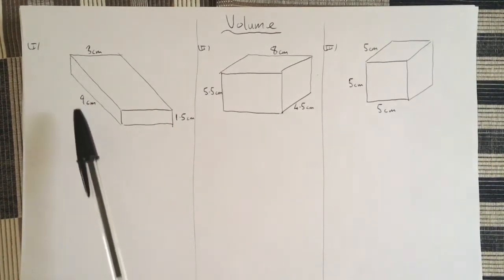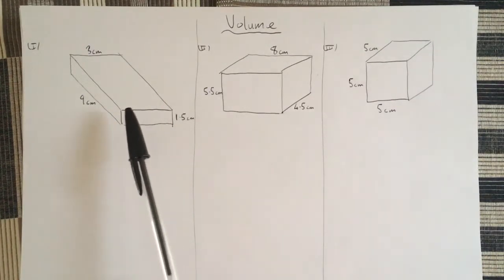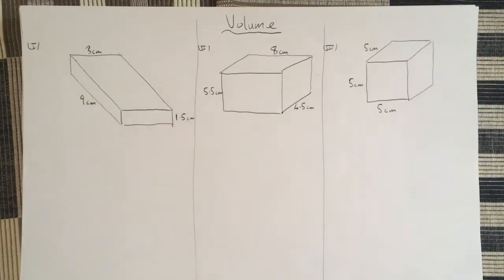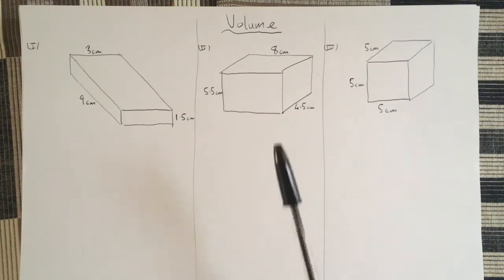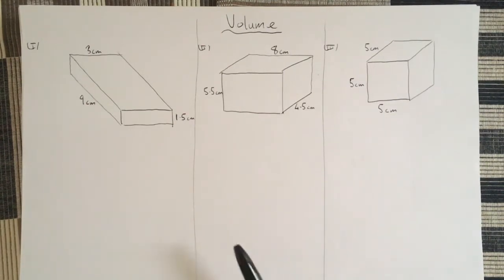Before we look at shapes like cans, which we'll move on to in the future, we're just going to look at the likes of cuboids and cubes and how to calculate the volume of those. If you cast your mind back to getting the area of a square or a rectangle, that was just the width multiplied by the length. It had two different dimensions, and you would multiply those by each other.